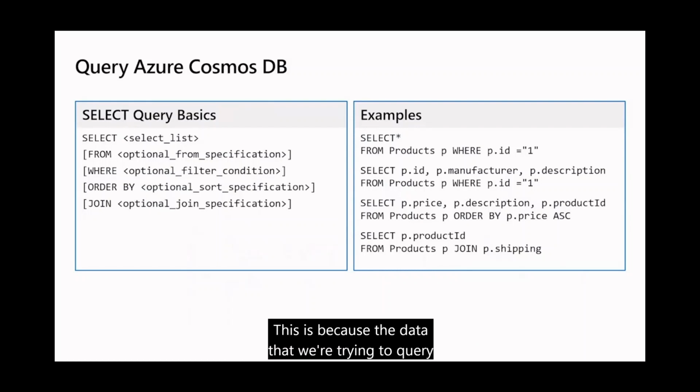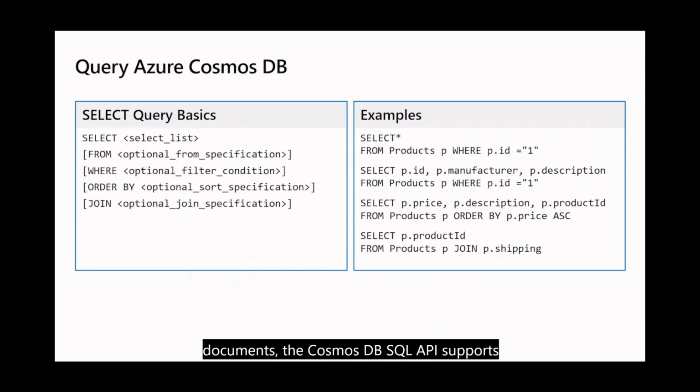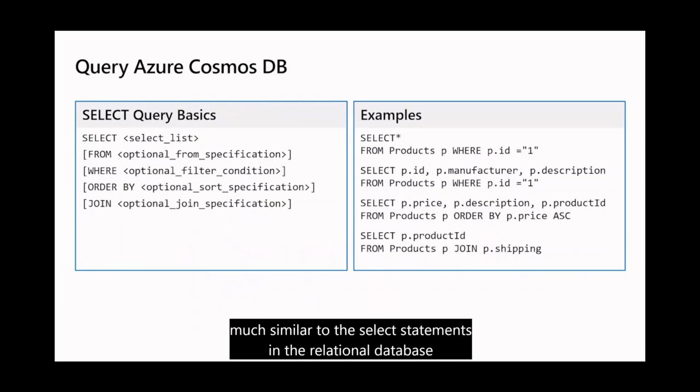This is because the data that we're trying to query against in your Cosmos DB is actually structured as documents rather than tables. So if we were to use the core SQL API to query documents, the Cosmos DB SQL API supports a dialect of SQL for querying documents using select statements, much similar to the select statements in a relational database.